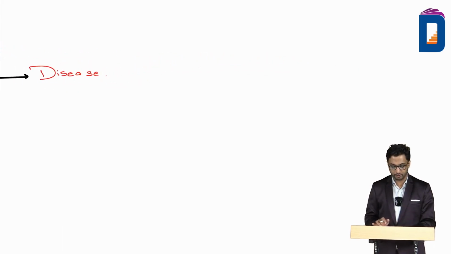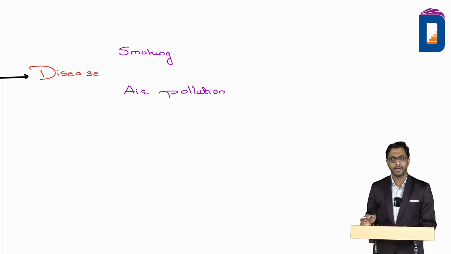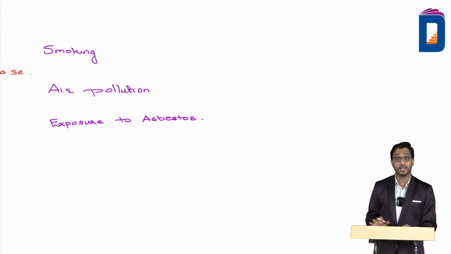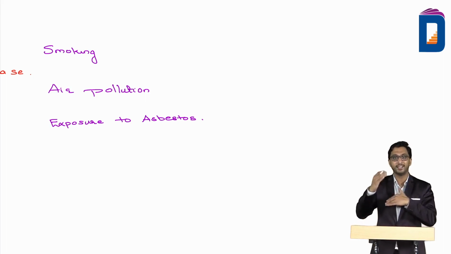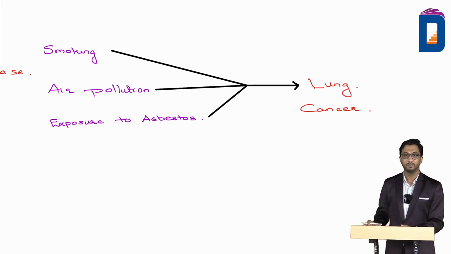Now, what's an example of this? Smoking can cause lung cancer independently, isn't it? Air pollution can cause lung cancer independently. Exposure to asbestos can cause lung cancer independently. So all can act independently to cause lung cancer. What does it mean here?